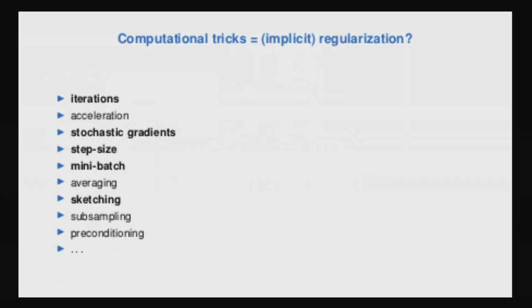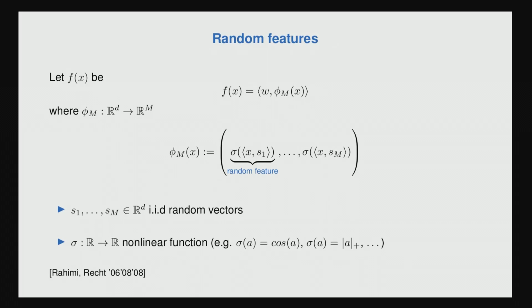So in this work, what I'm going to try to show you is, in particular, how the iteration, meaning for how long I have to run my iterative algorithm, how the stochastic gradients, how the step size, how the mini-batch, and how the sketching, all of these influence my solution. So let's start by understanding what I meant before with sketching.